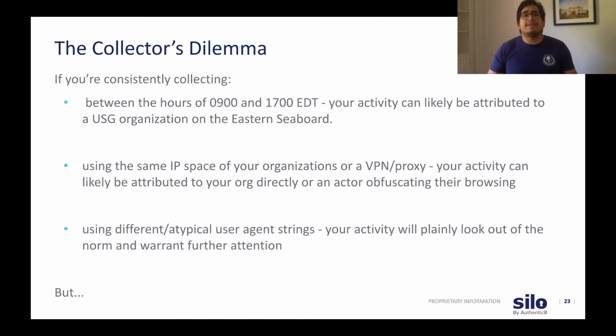So you're giving off a tell. And lastly, if you are using weird user agent strings, whether they're hand-jammed and broken or atypical for the norms of the region, you will look a little bit different and you will likely garner additional scrutiny.